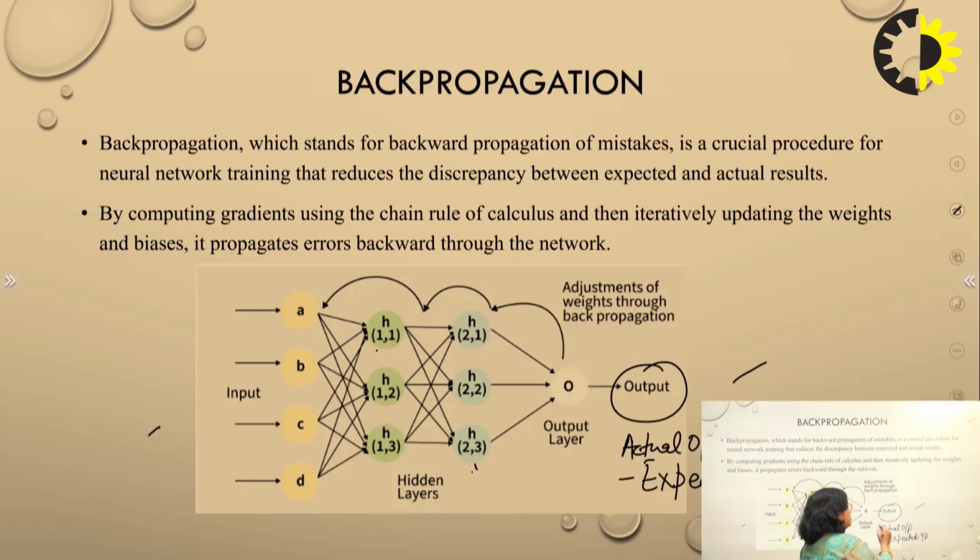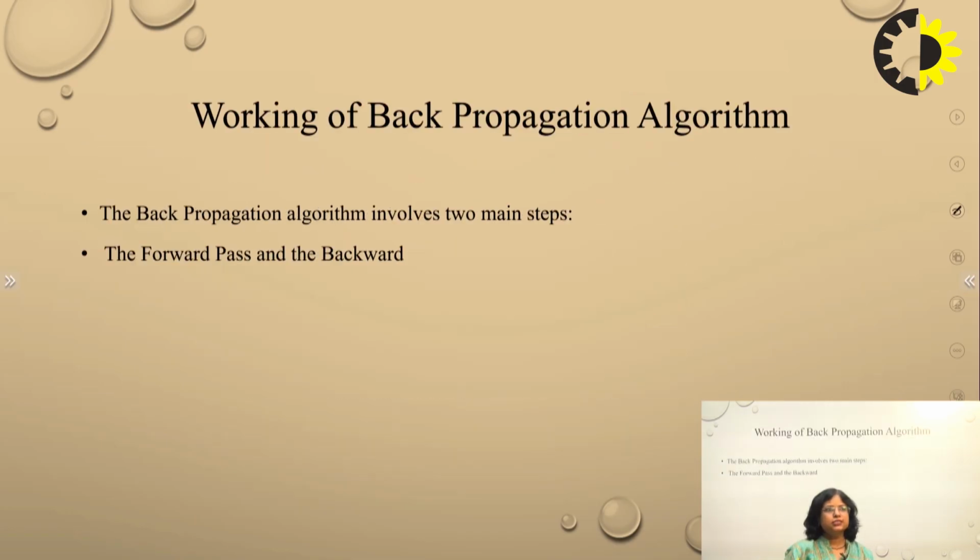After calculating this term, we minimize this difference using backpropagation. This backpropagation can be divided into two steps. The first step is the forward pass, and the second one is the backward pass.